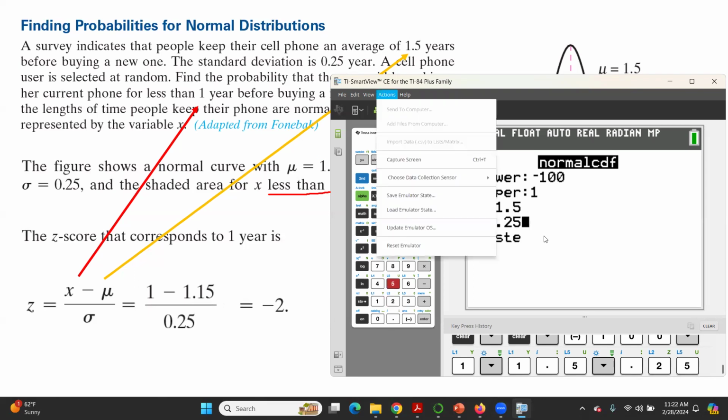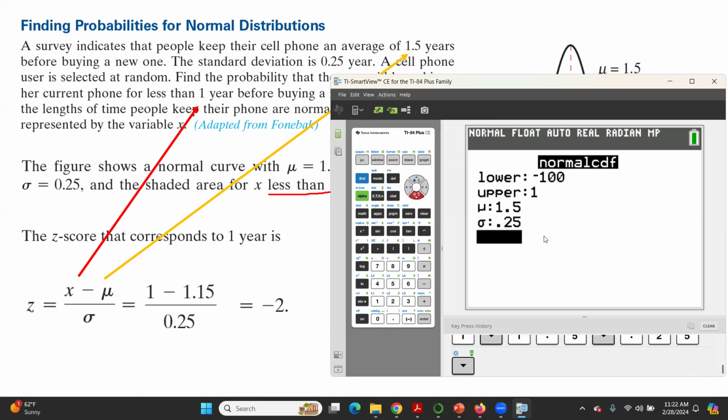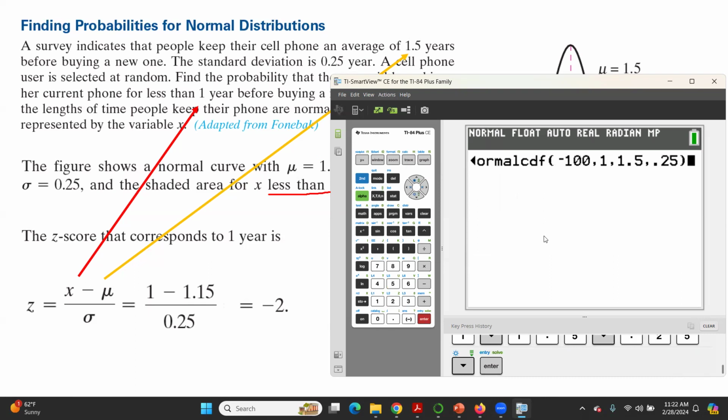Now, if you go to paste, hit enter, enter again, you get the exact same probability, 0.02275. Since you have a 5 here, you're going to add 1 to 7, and you get 0.0228. So this is for your x.